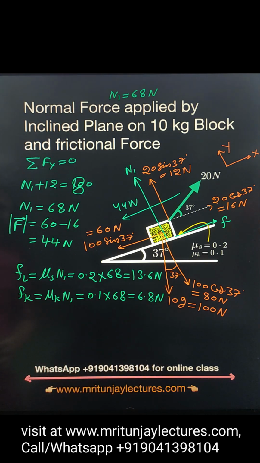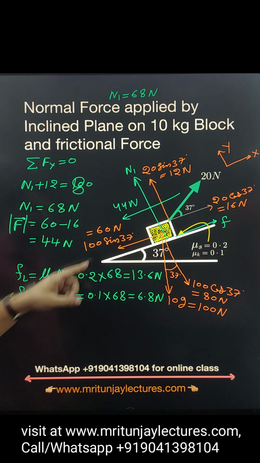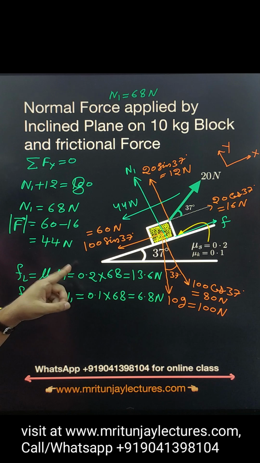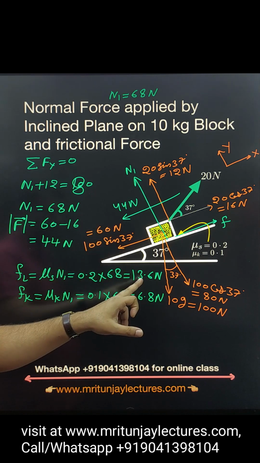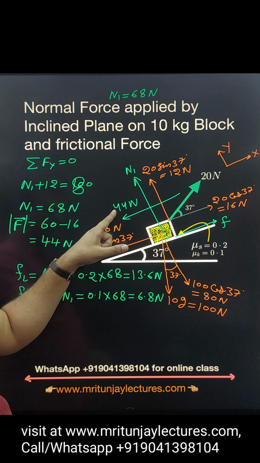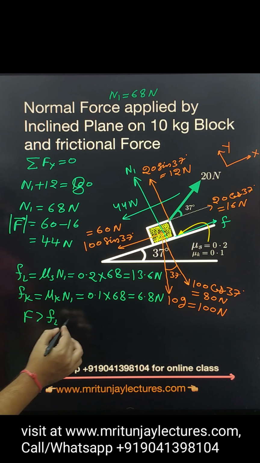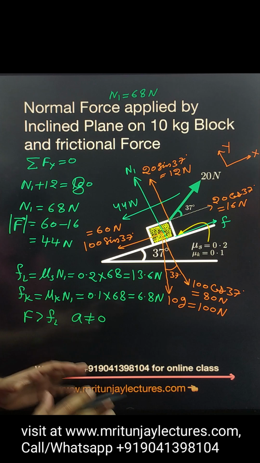Now look, whether this block is moving or not is decided by the limiting frictional force. If the driving force is greater than FL, it means this block moves along this direction. So look here, 44 and the limiting frictional force, meaning the maximum frictional force, 13.6 Newton. So that force is greater than that one. Okay, so you can say that F is greater than FL. So the block is moving, and acceleration is not zero.